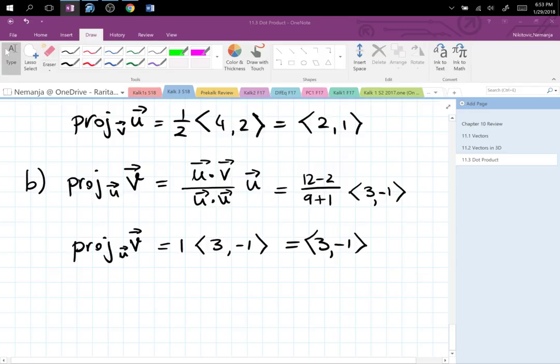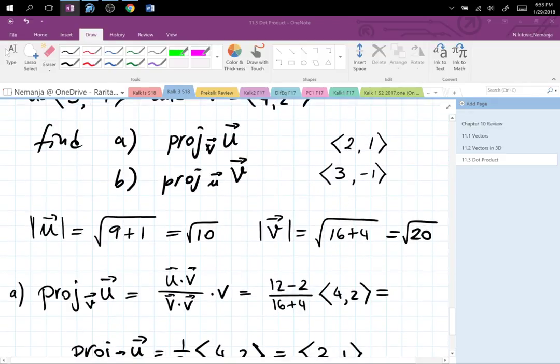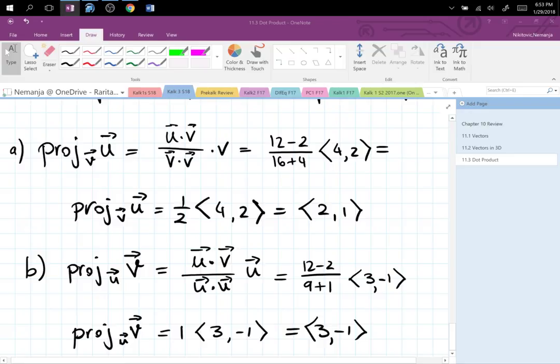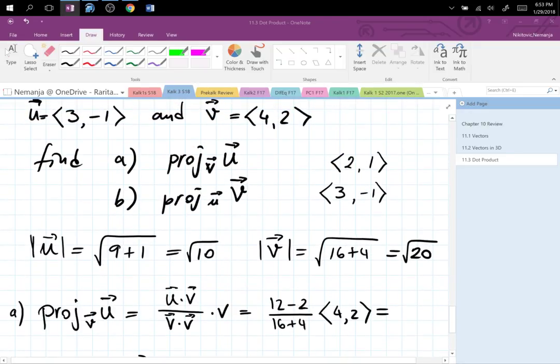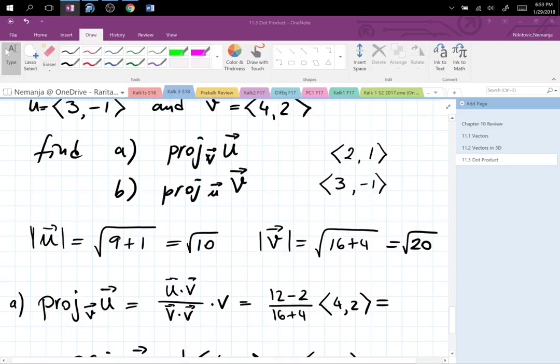And then I also want to check for B that vector U and this projection have the same. Now that part is easy because we ended up with the same vector, right? So that definitely matches. But I also want to see that my vector, oh, well, this one, it's only a half, right? So it's easy to see, but you can calculate.